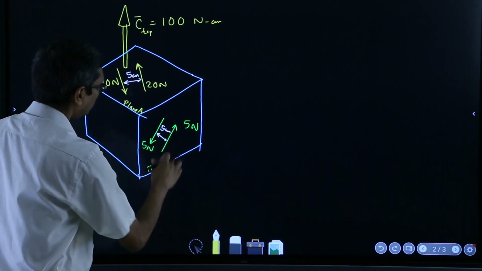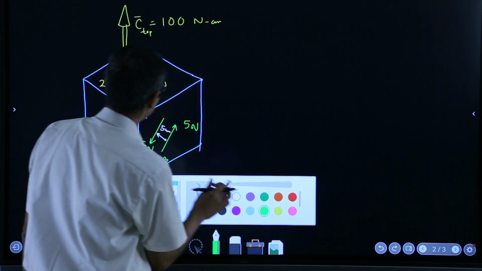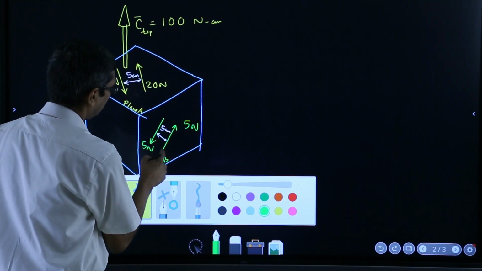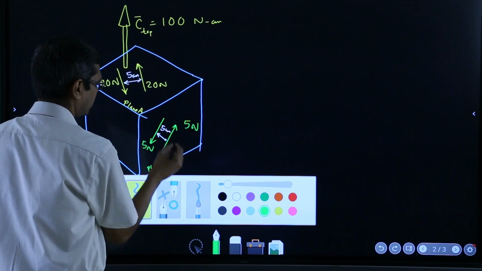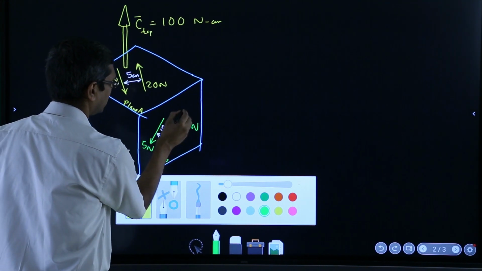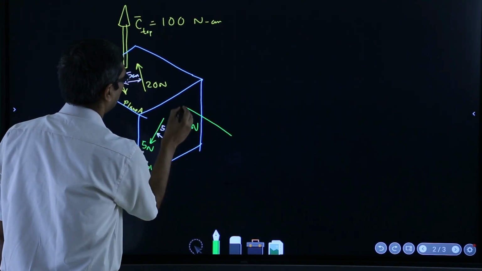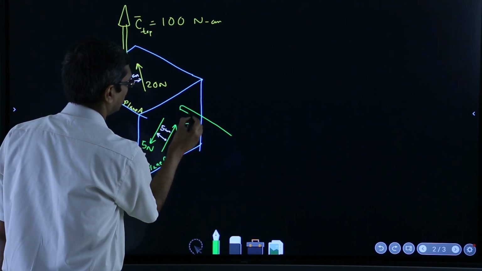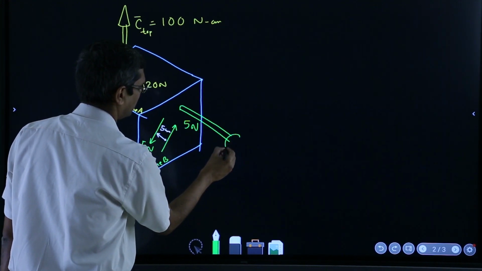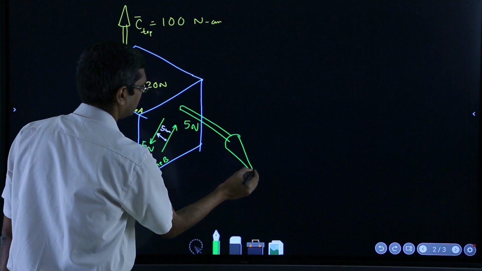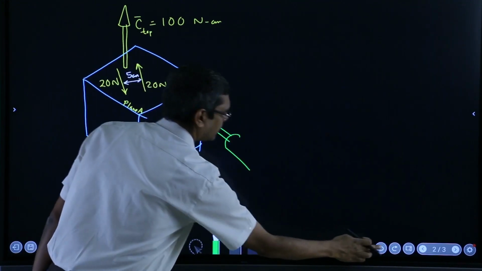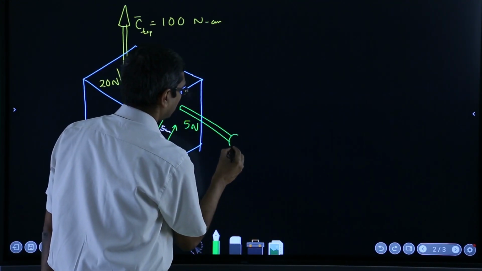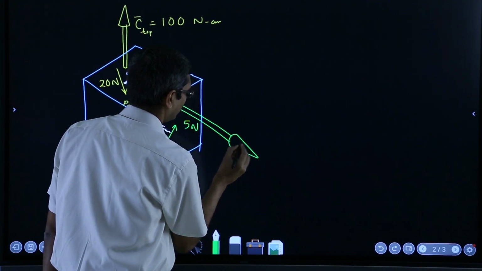And similarly, what about this? This side it will be 5 into 5, 25, isn't it? Say now this one, like that. It's a bad drawing. Say this one. Okay.